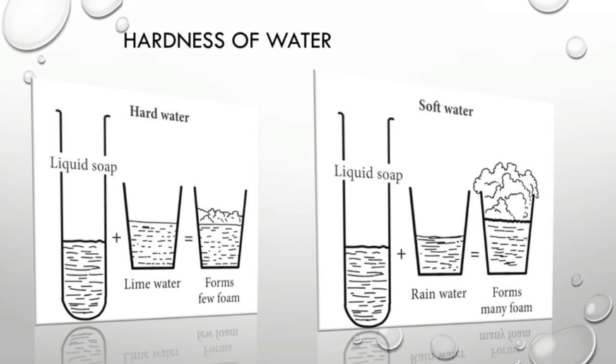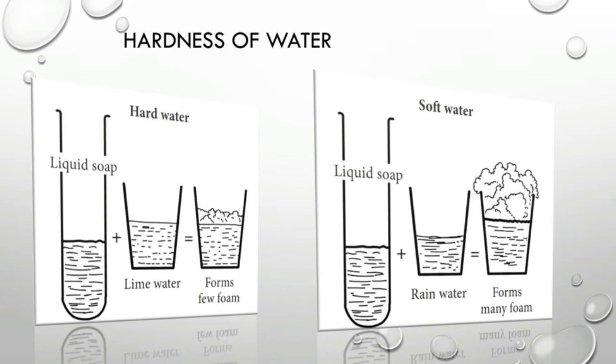Sometimes minerals and salts are present in water in such a large quantity that soaps or detergents form a thick precipitate called scum. That means a layer of dirt instead of forming lather. This makes the removal of dirt further difficult. Such water is called hard water.